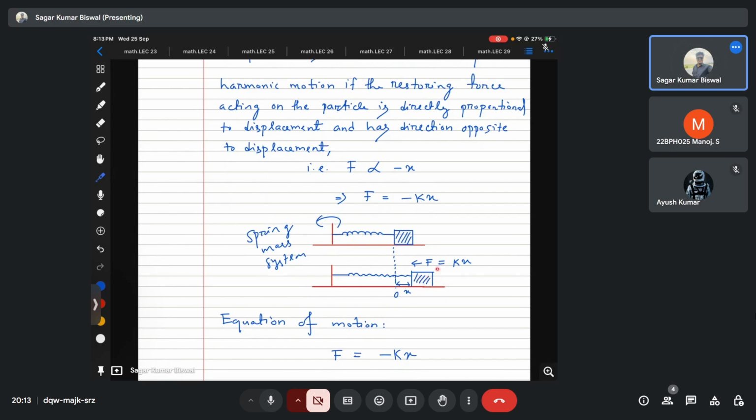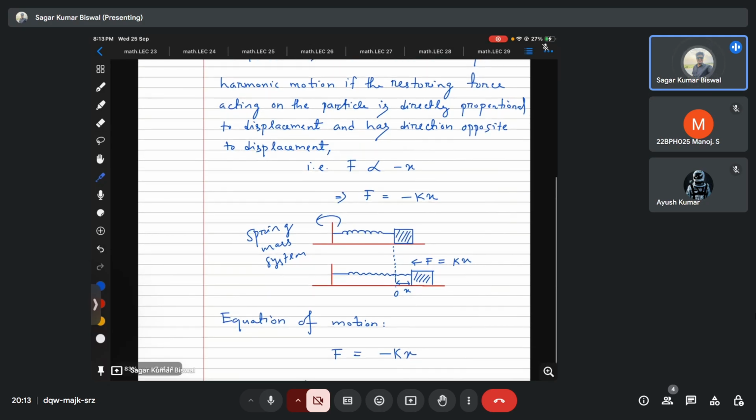It is kx, right? So if this is the force acting on the particle, then the particle is said to be executing the simple harmonic motion. That is, force is proportional to just minus of x.